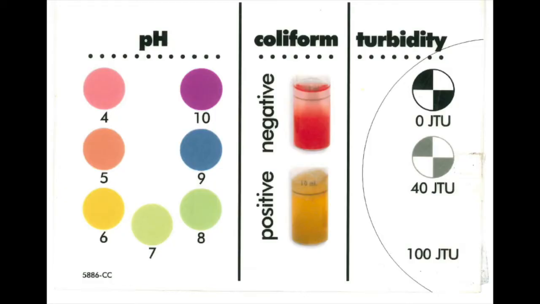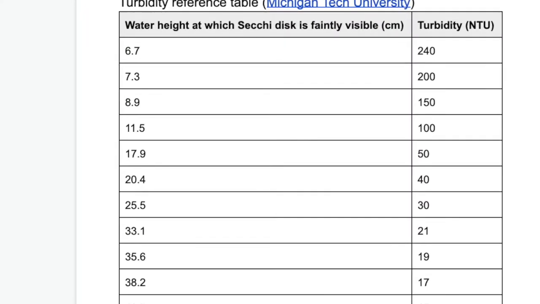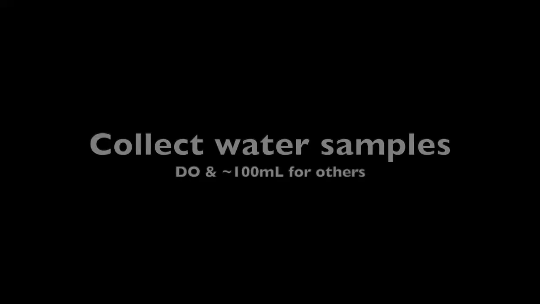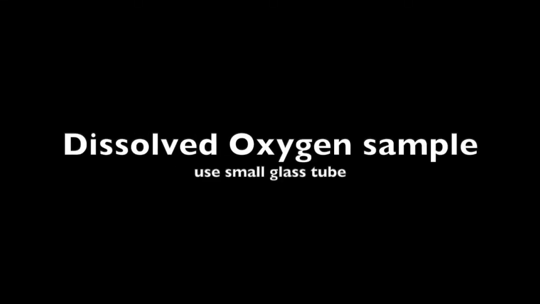So I think my best bet is going to be using that JTU measurement unit that's on the chart, and not any of the measurements in this reference table. I submerged the small glass tube into the stream with the mouth of it facing upstream so that the water flows into the tube.